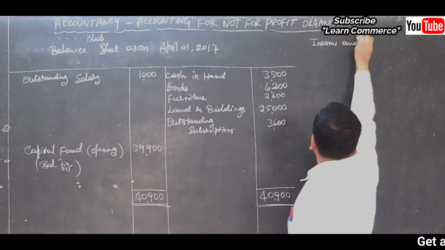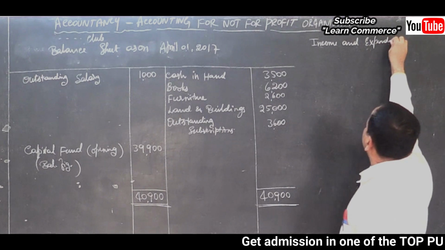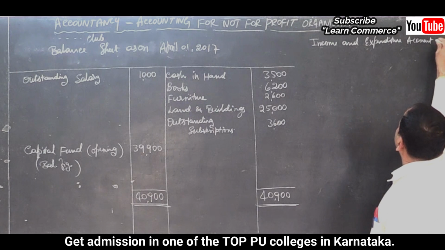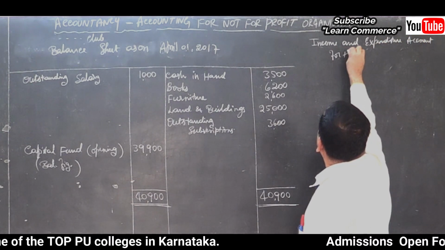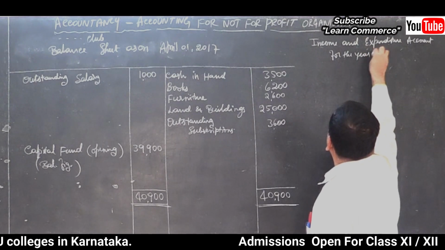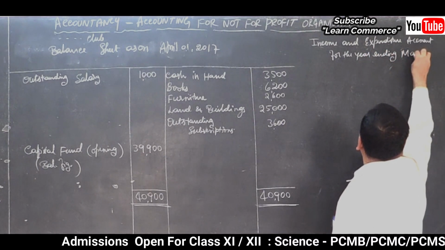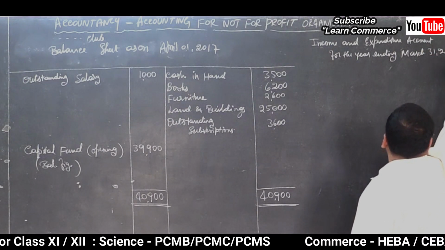Income and expenditure account for the year ending March 31st, 2018.